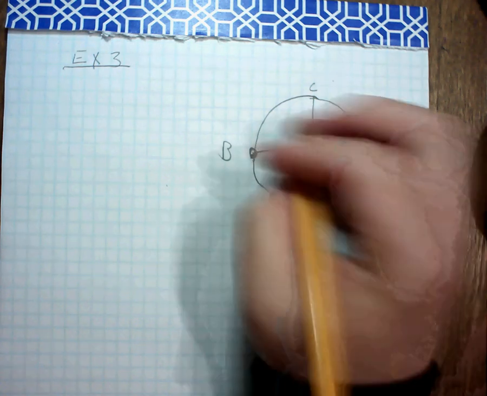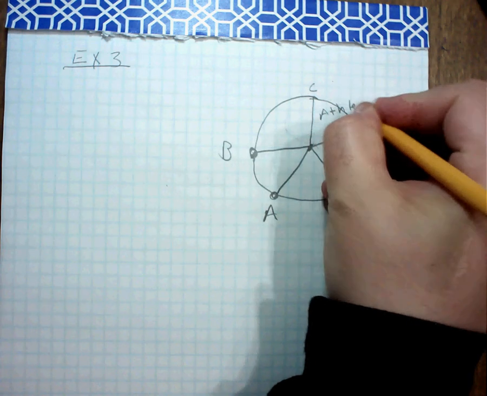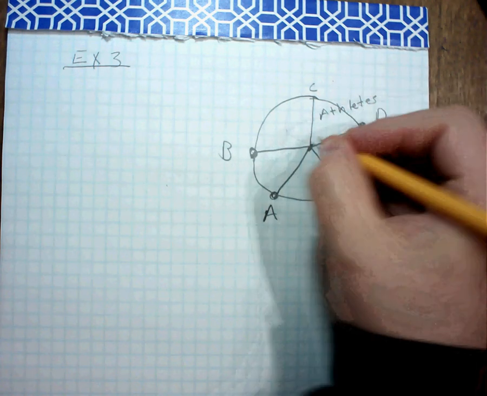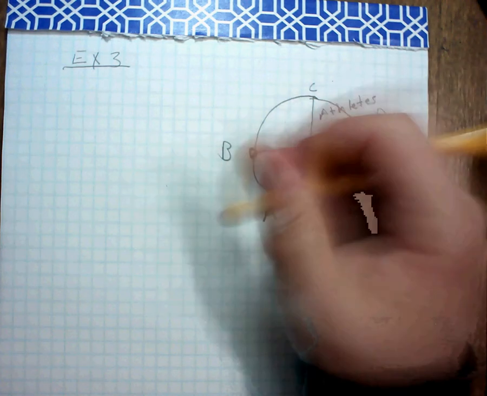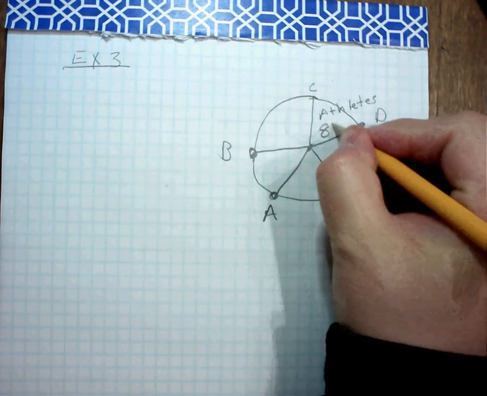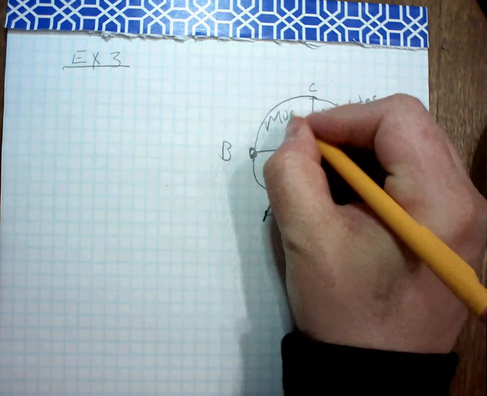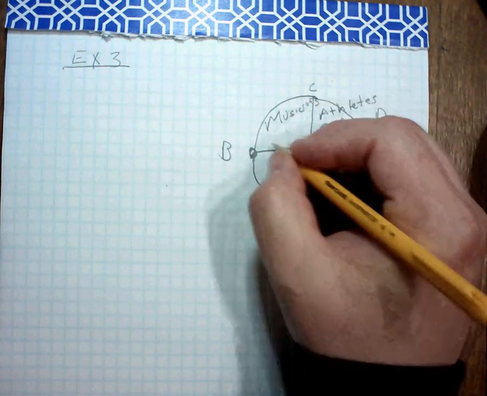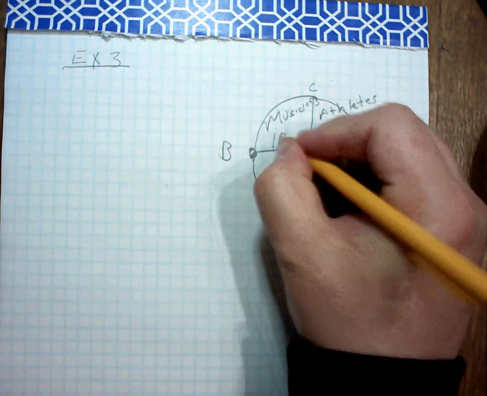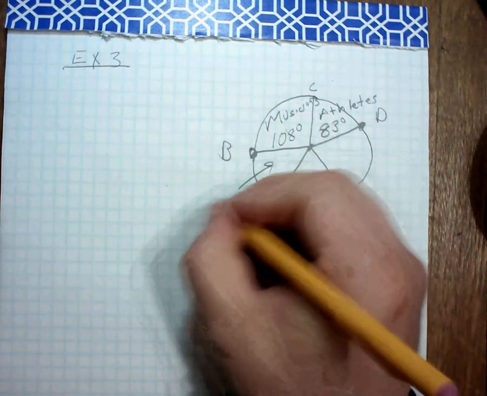And then this is the information that we're given. These are athletes. And that is 83 degrees. This is musicians. And that is 108 degrees. These are investors.